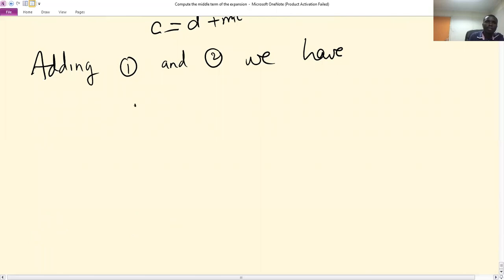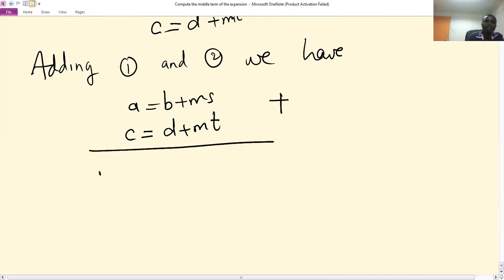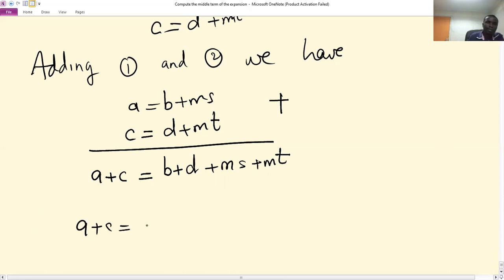One is A equals B plus MS. Two is C equals D plus MT. So when I add, I'll have A plus C equals B plus D plus MS plus MT. And you see A plus C equals B plus D, put in brackets, plus M into S plus T, because you see M is common.